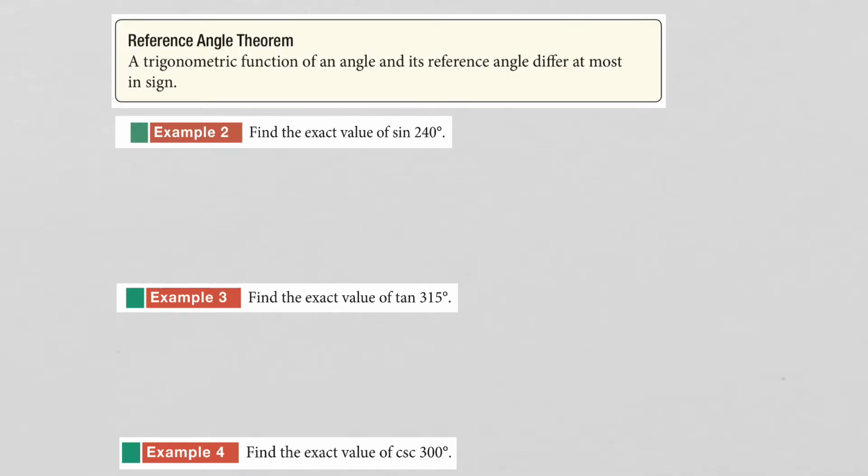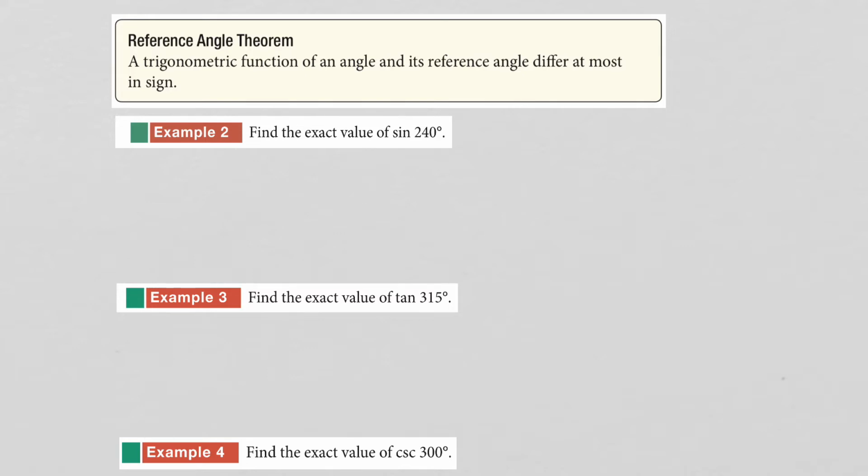The reason reference angles are important is because we have a reference angle theorem. The theorem states that a trigonometric function of an angle and its reference angle differ at most in sign. So what does that mean? They differ at most in sign. Well, here's what it means.